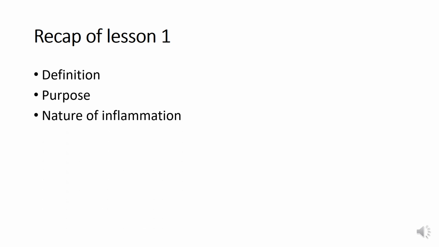We also talked about the nature of inflammation, and we discovered that it is like a stereotype. That means how it happens, how it starts, and how it progresses is the same in all tissues, irrespective of what could be causing the particular injury.